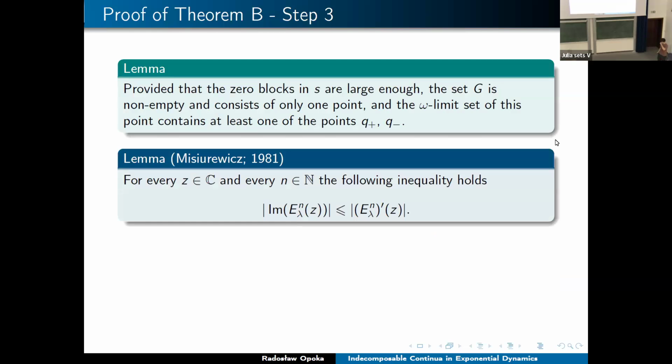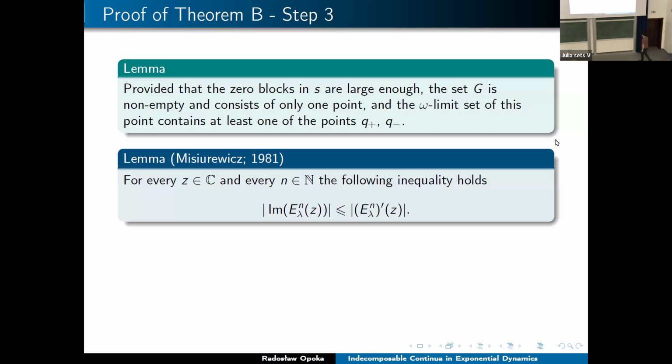So to show that this contains at most one element, we can do it easily with such a lemma: if we have a composition of our function E, the derivative of such a composition, with absolute value, is at least like the absolute value of the image of this function.